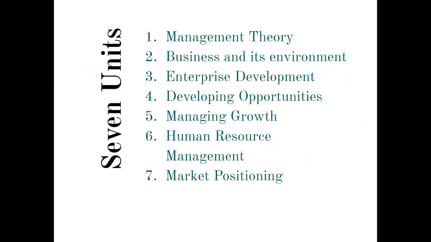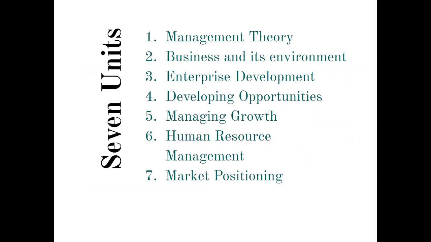Yeah, and in that manual, we have 7 units. So the first unit is management theory, and that goes through, I suppose, the evolution of management thought over time, right up to contemporary management. Unit 2 then looks at business and its environment, and that's the macro and micro environment, which we will be looking at today in more detail. Unit 3 looks at enterprise development.